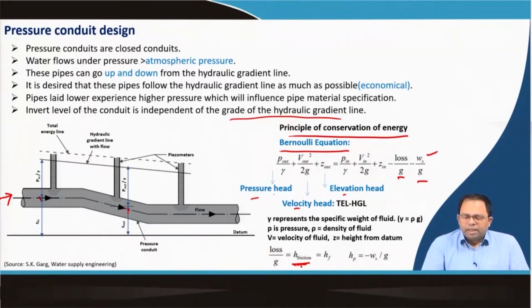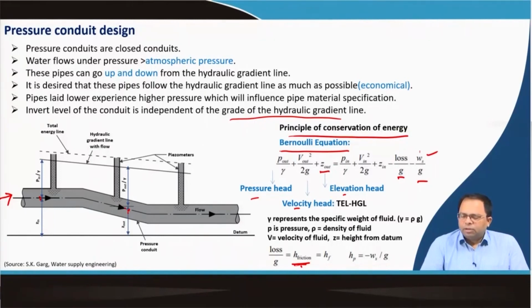So if we assume that the velocity would remain the same from this point to this point, which is also known as steady state flow, and if I say that the Z value or the height of the pipe would also be more or less the same, in that case what happens is P out by gamma is equal to P in by gamma, that is the pressure that you are putting in, minus this head loss.